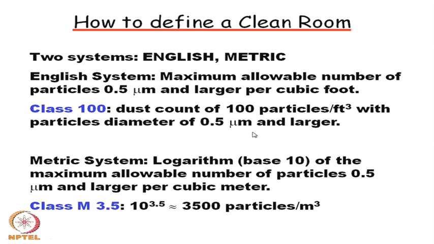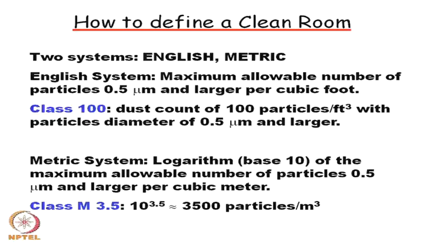So, you see that if you have a clean room, then you can say that it is a class 100 clean room if the count for the dust particles is 100 particles per cubic feet.